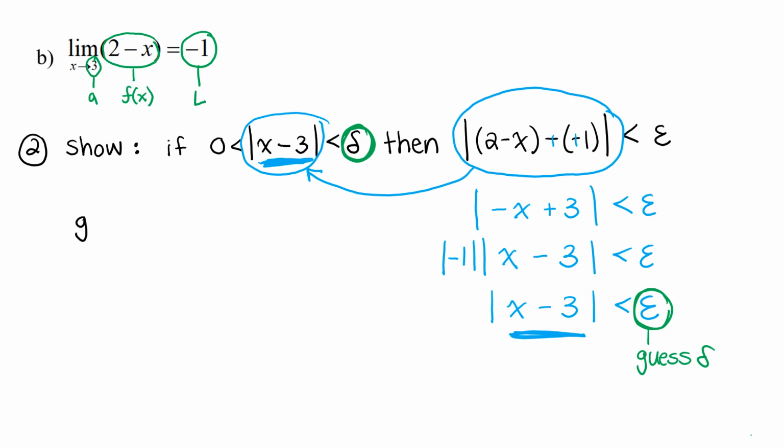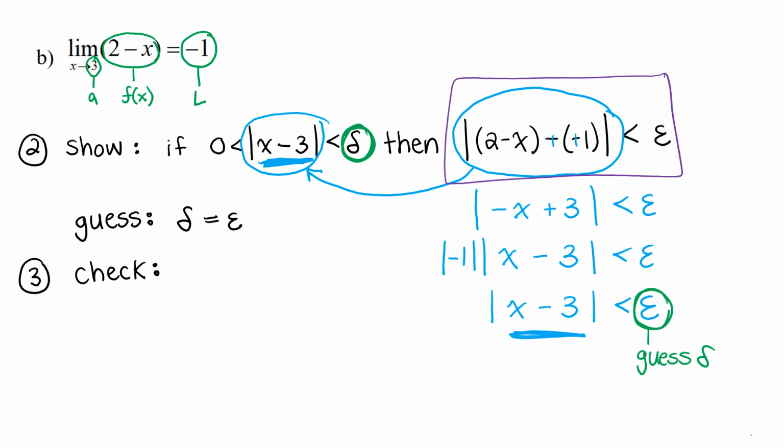So we're going to guess that delta is equal to epsilon. And if everything has gone well, then when we check this guess, we'll be able to show that when delta is equal to epsilon, we can end up with this inequality.